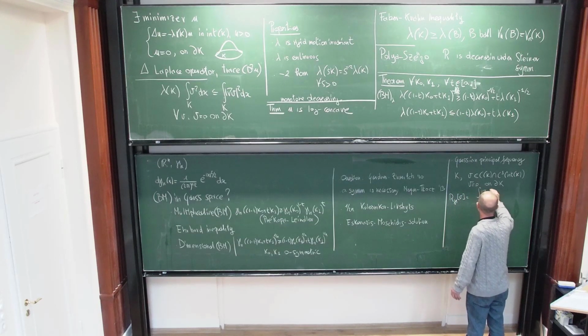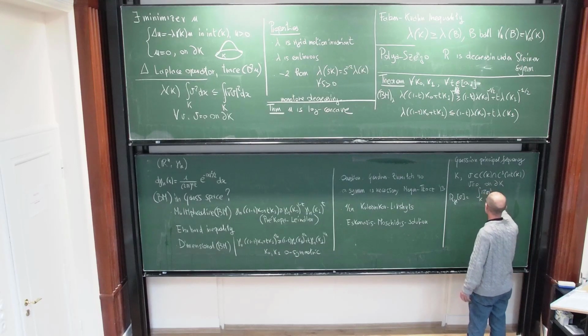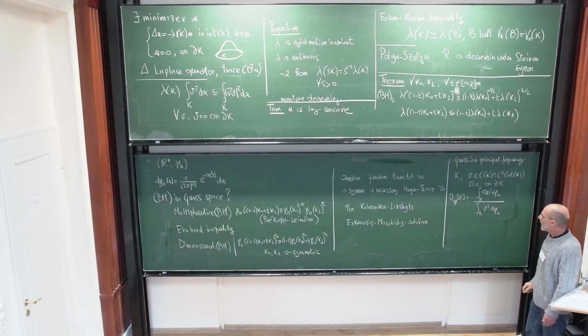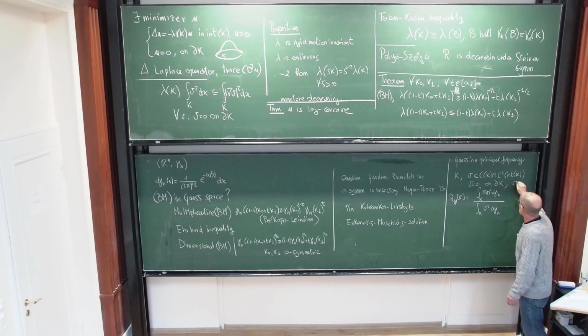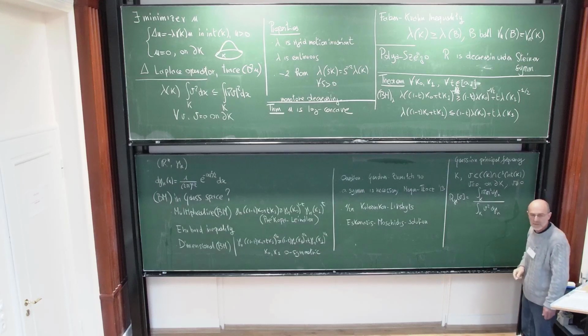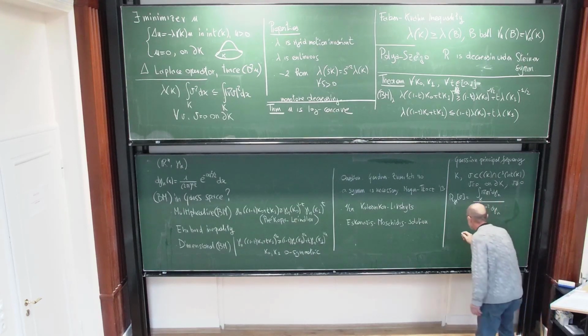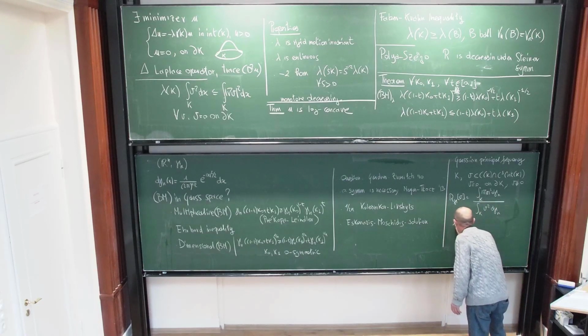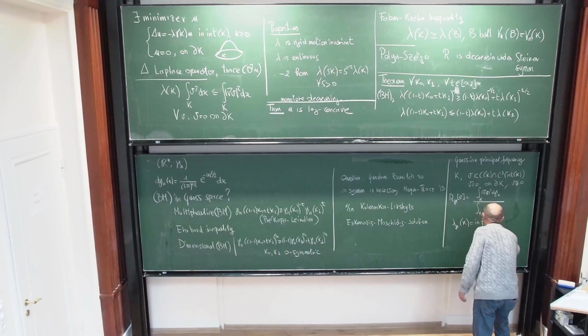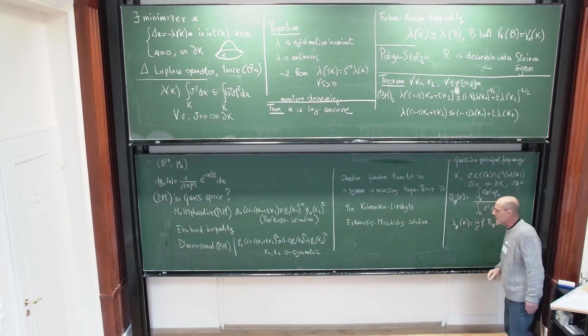So the L2 norm square of the gradient of V in dγ_n over the L2 norm of the function, again avoiding the function which is identically equal to 0, and then you minimize. You define λ_γ(K) as the infimum of the Rayleigh quotient R_γ(V) over all possible V.